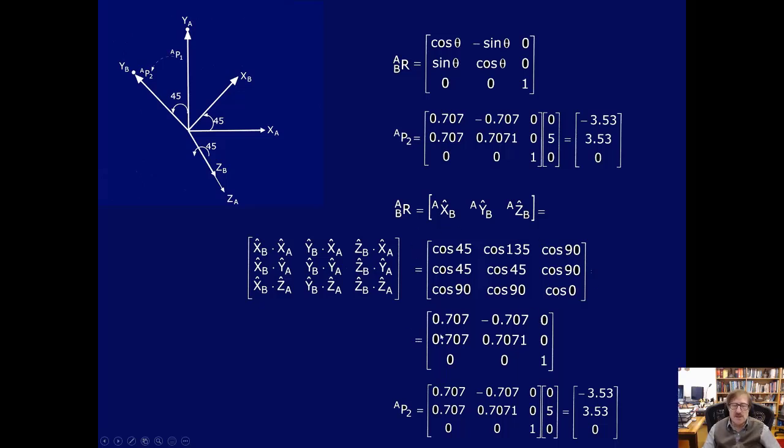So now at this stage you understood where these rotation matrices come from.